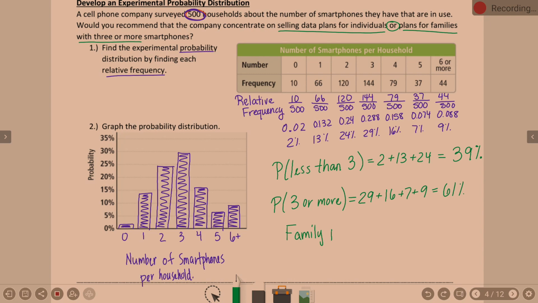So, family plans, since 61% of households have 3 or more smartphones. Okay?